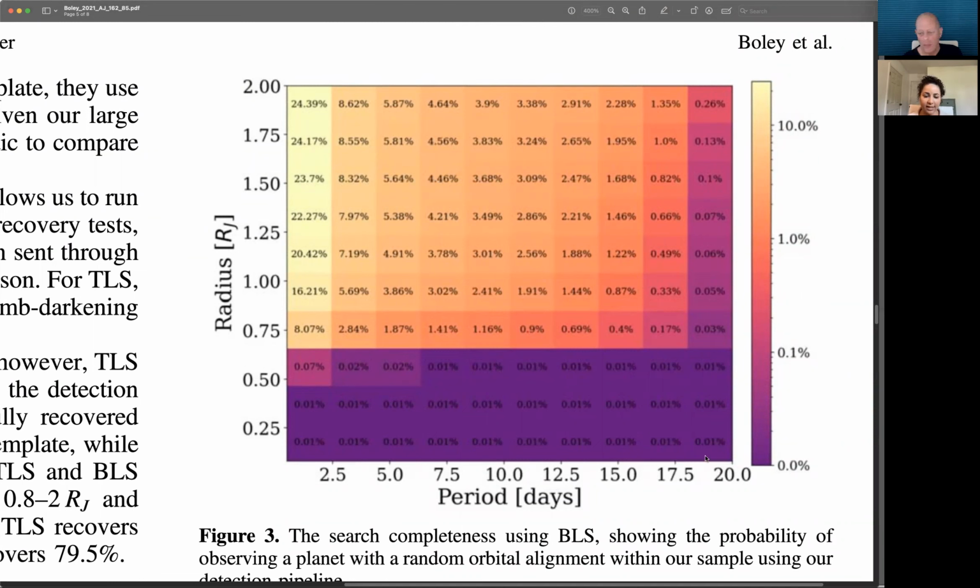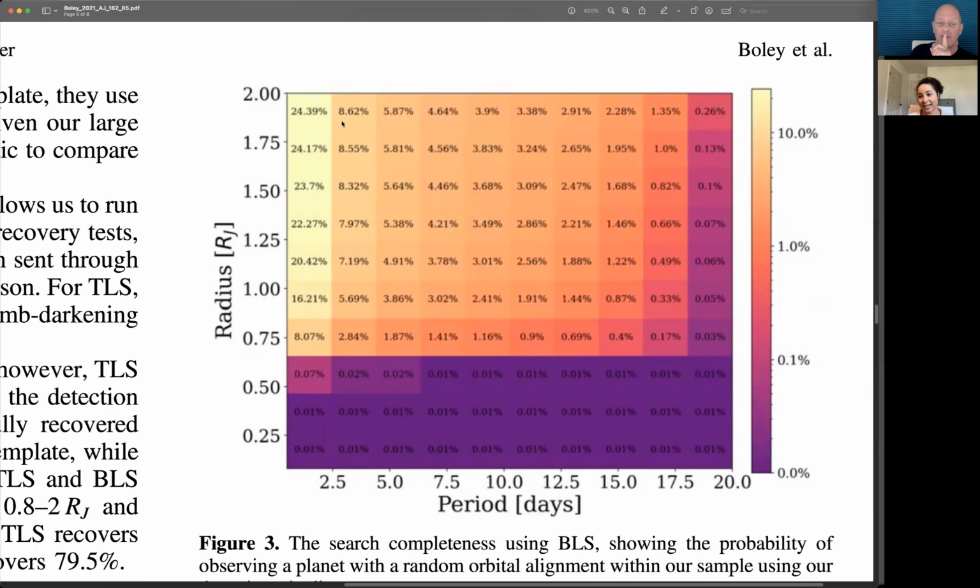As you can see, the further out you get, even though we had pretty good detection efficiency for those close in hot Jupiters, it still goes down to about 24% at best. And down here, at the radius of 1 and period of 10, it's in the few percent range. Exactly. So this has a large effect. That's why we need to take it into account when we're doing these occurrence rate studies.